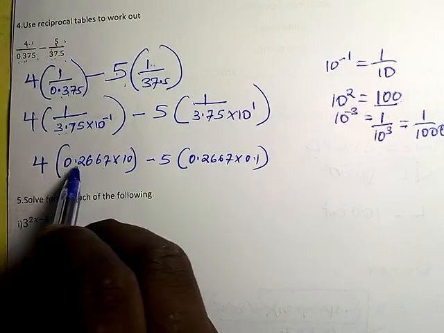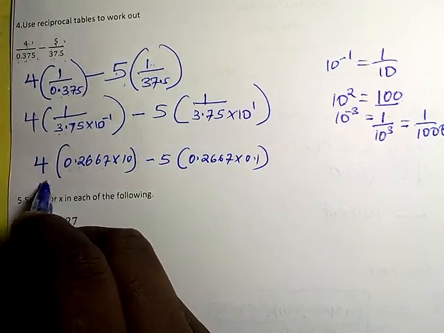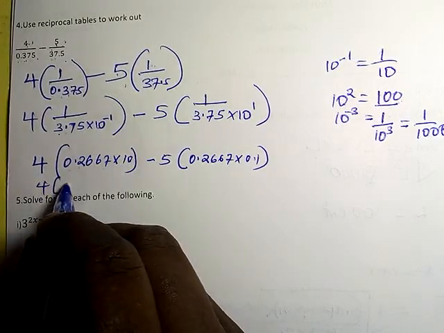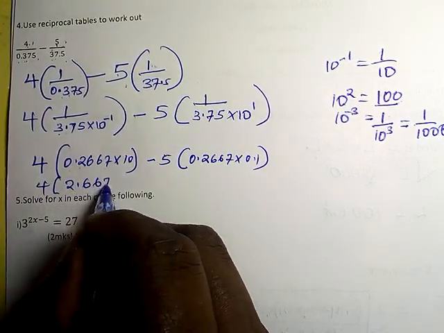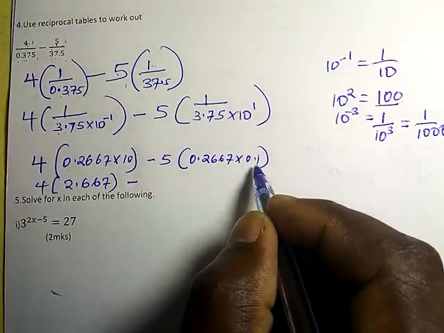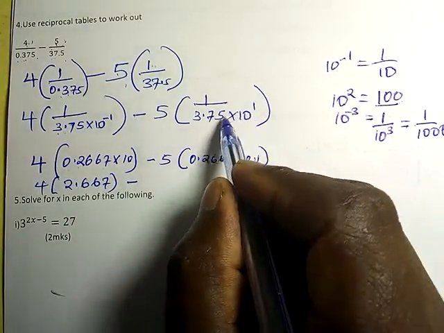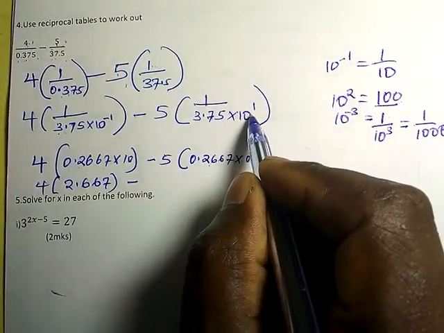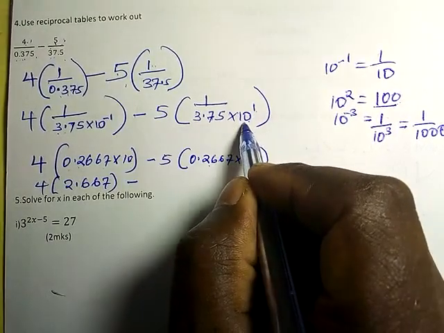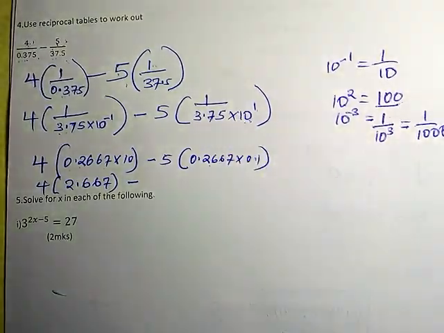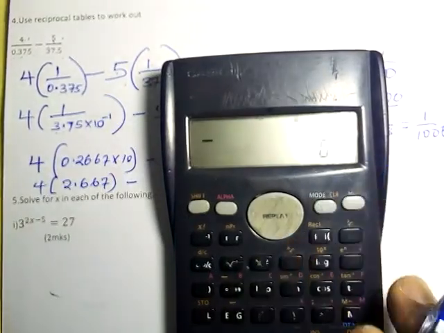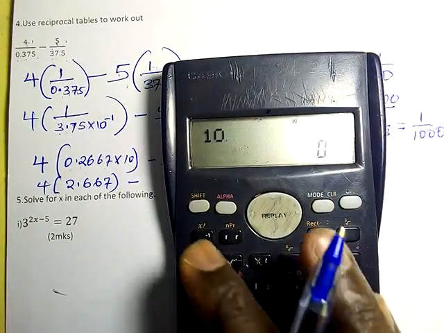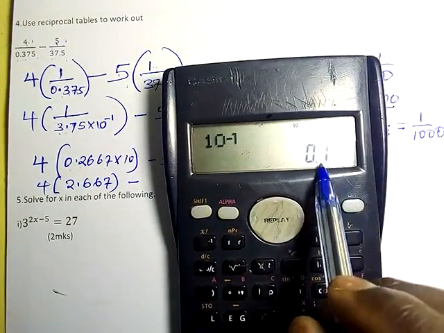So now we have this one, that is 4 times this, which will be 2.667, minus the reciprocal of 10 raised to power 1. 10 raised to power 1 is 10. The reciprocal of 10, you just take your calculator. That is 10 reciprocal, it is 0.1.